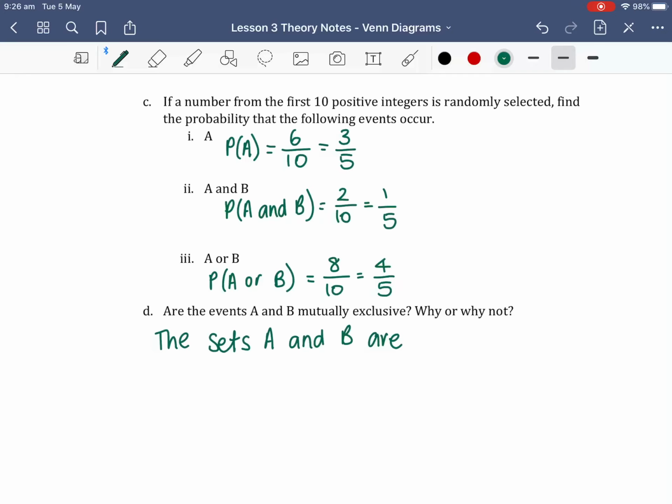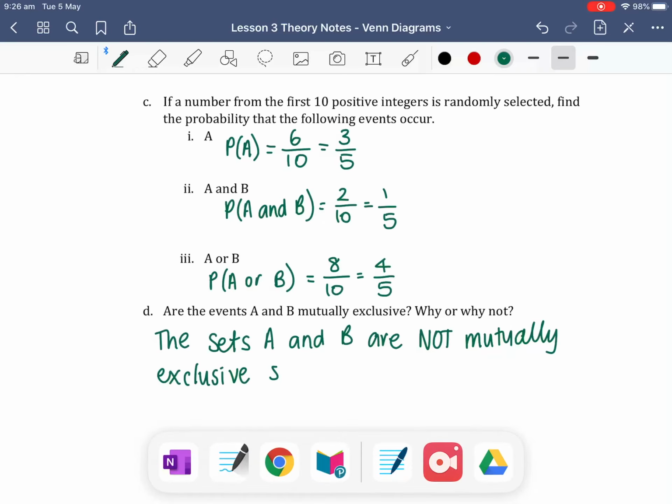So A and B are not mutually exclusive because 1 and 3 occur in both. And so we've stated that they're not mutually exclusive, but we still need to explain why or why not. That's an important part of the question.